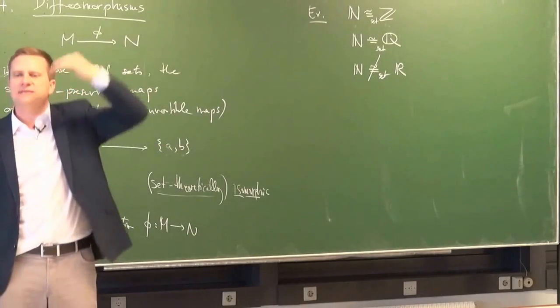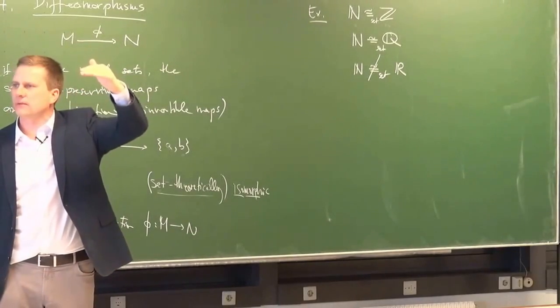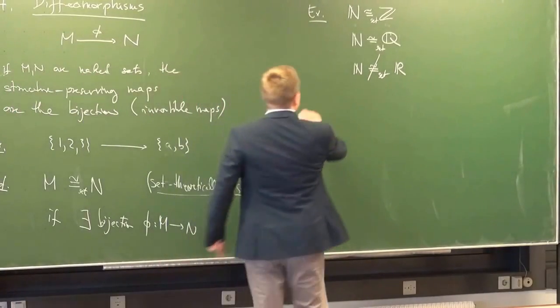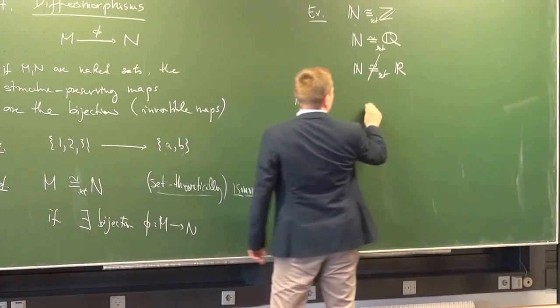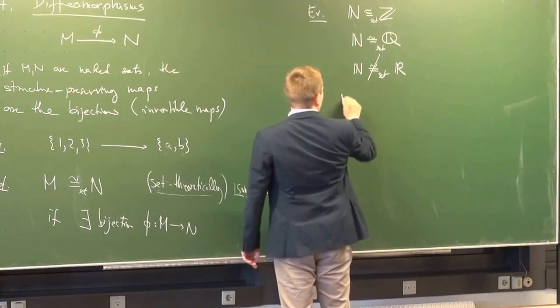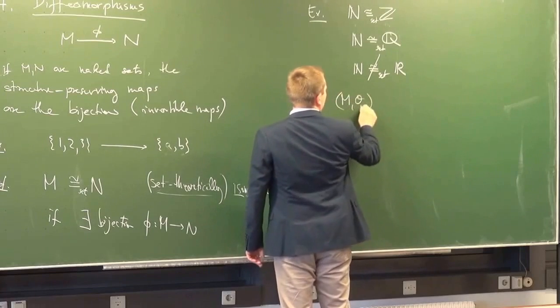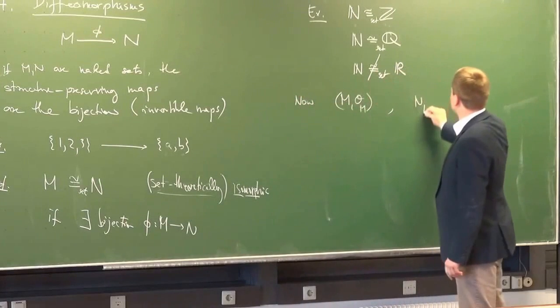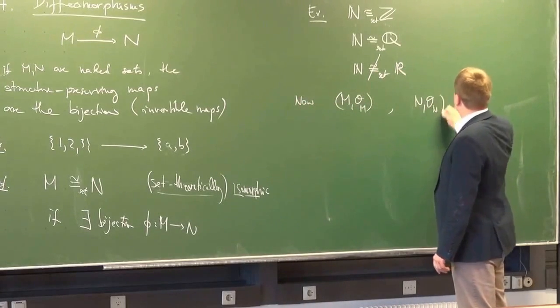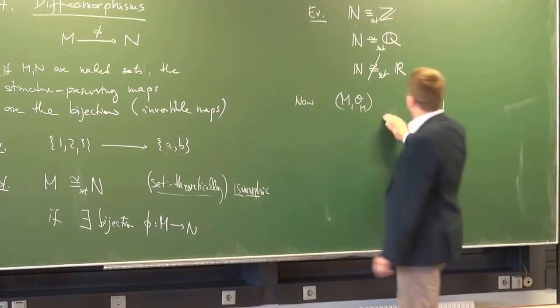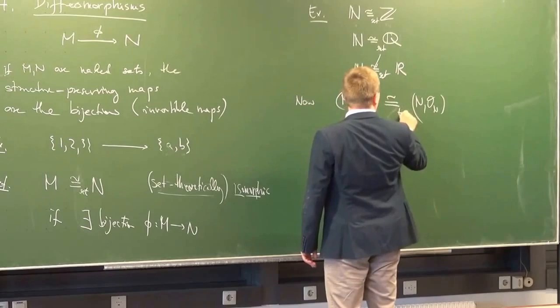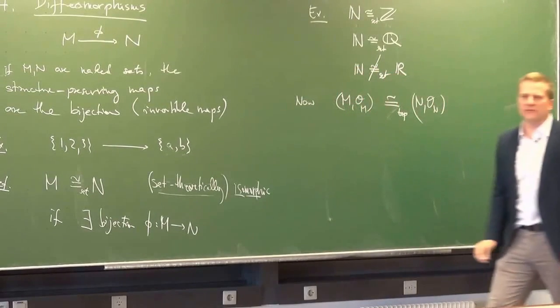Now we can add structure to a set. And we did this: if we add structure to the set, we now consider still a set, but equipped with a topology, for instance. We did this in the first lecture. And the question is, can we define a meaningful notion of topological isomorphism?